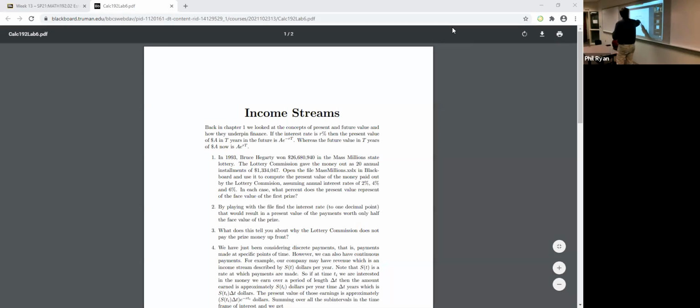This guy won $26 million in the Mass Millions, the Massachusetts State Lottery. Actually, they didn't even give the choice in this one. They gave out the $26 million as 20 annual installments of $1,300,000.